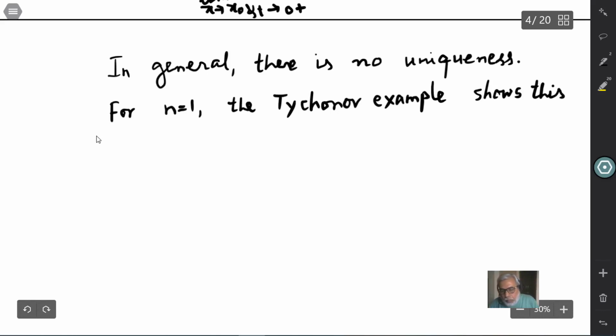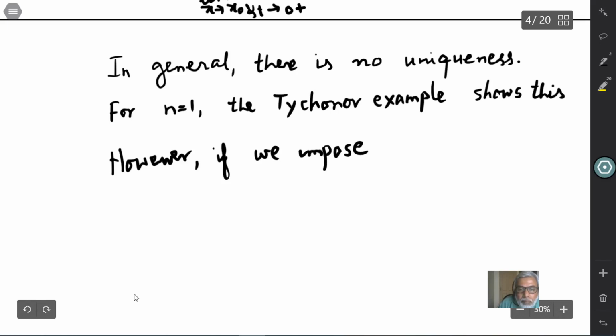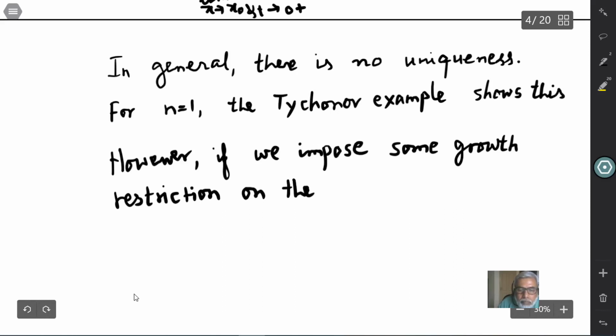However, if we put some growth restriction on the solution, then there is uniqueness.